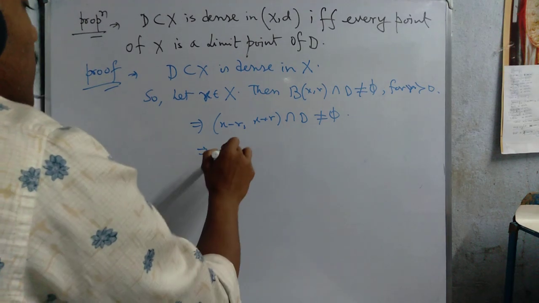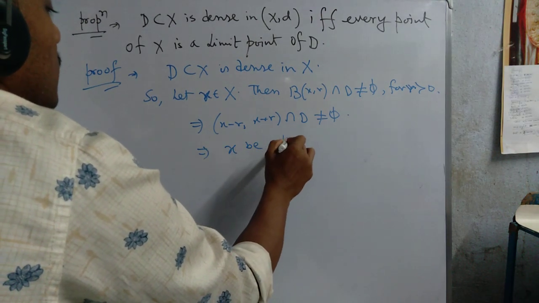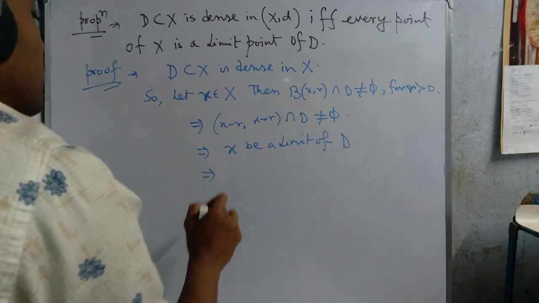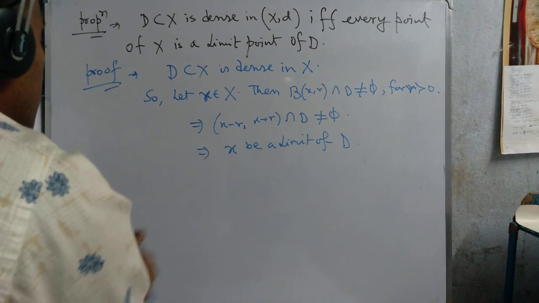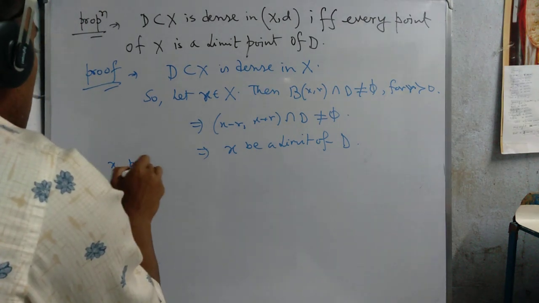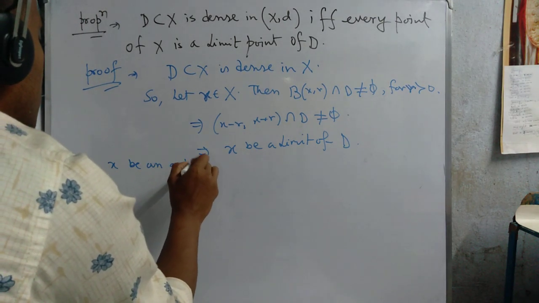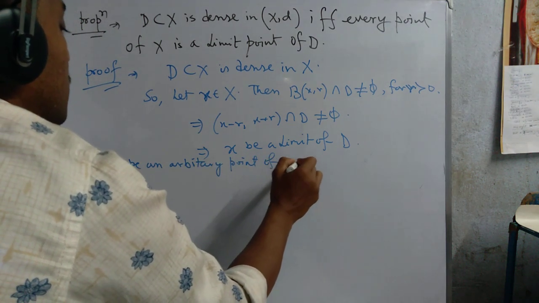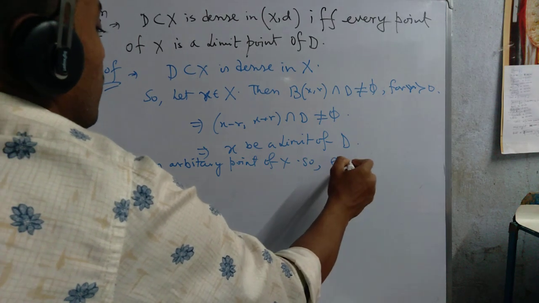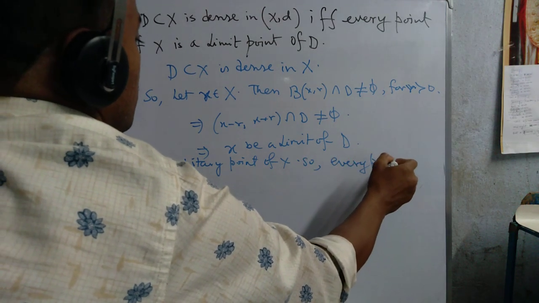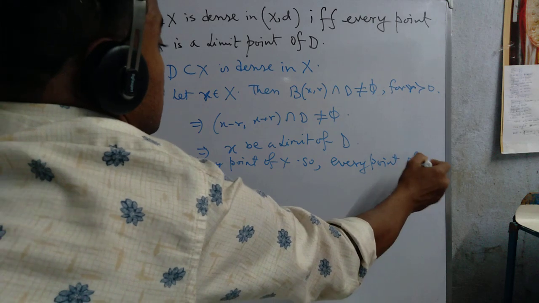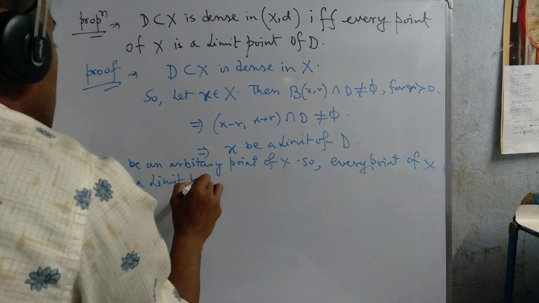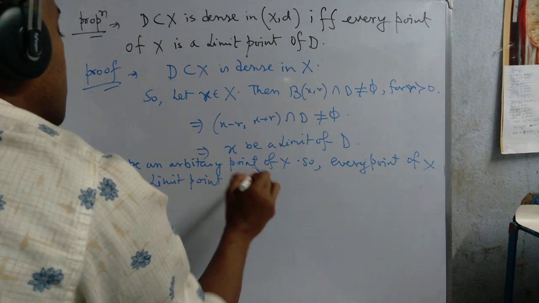So this happens when x is a limit point of D. Here x is an arbitrary point of this capital X. So every point of X is a limit point of D. Understand or not?